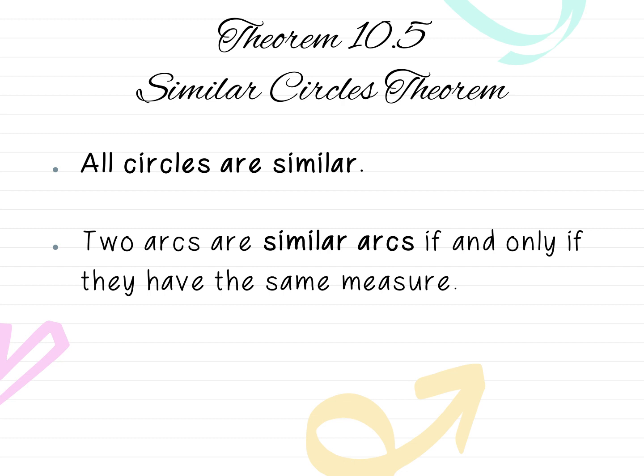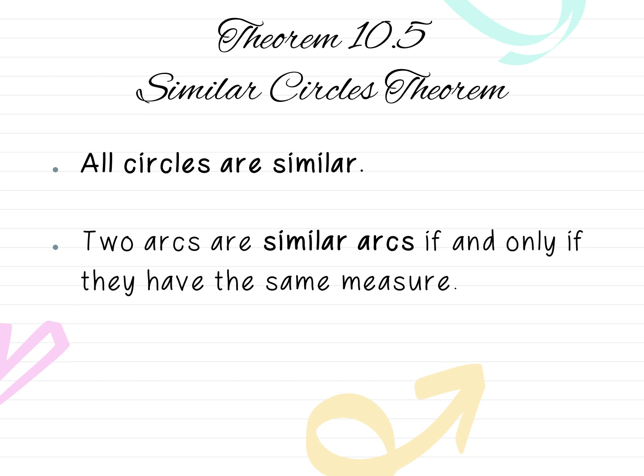It's the similar circles theorem, and it basically says that all circles are similar. They are. All circles are similar because they all have the same shape, right? They can be different sizes. Remember we talked about it. Similar shapes can have different sizes, and so circles fall under that same category. So circles are similar.